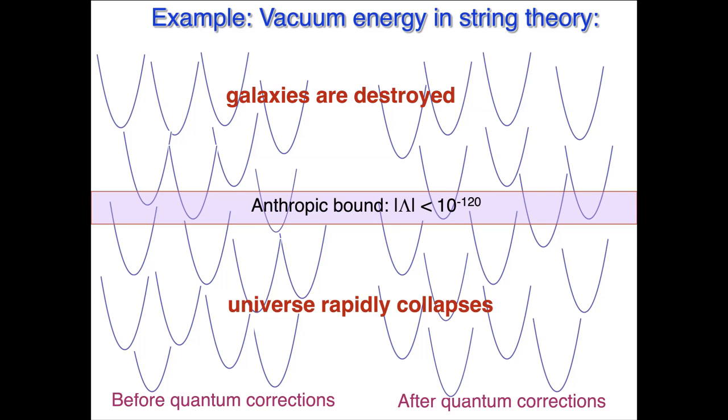But the history of this idea goes way back in time, and nobody cared about it at all until 2003, when this idea of different types of compactifications in string theory was proposed.